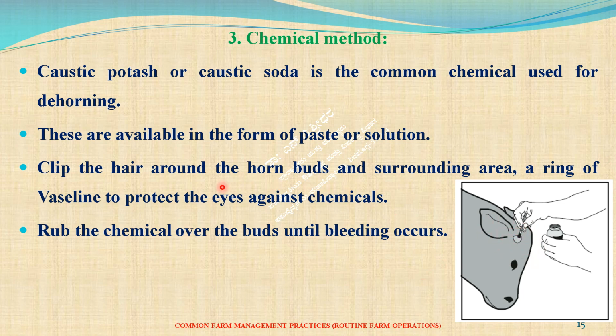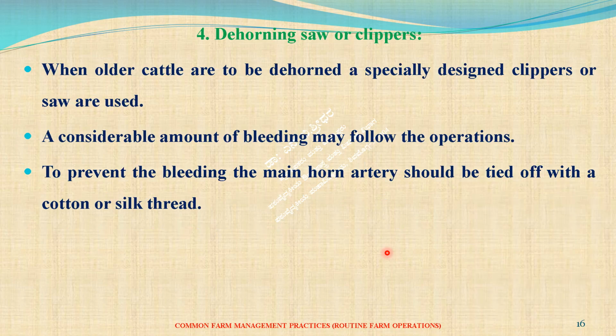A little caution has to be applied: clip the hair around the horn buds and the surrounding area, and apply vaseline to protect the eyes against the chemical. Rub the chemicals over the buds till bleeding occurs. That's the process, and of course this is also a painful procedure.